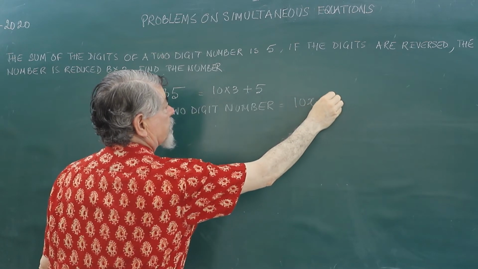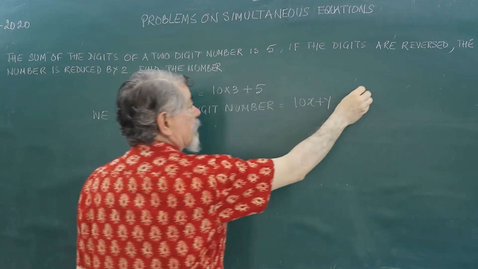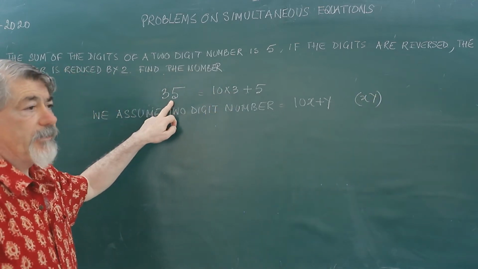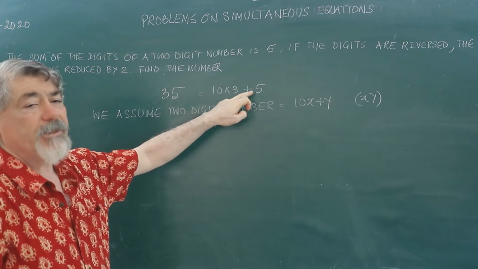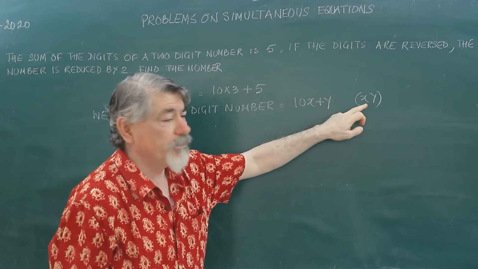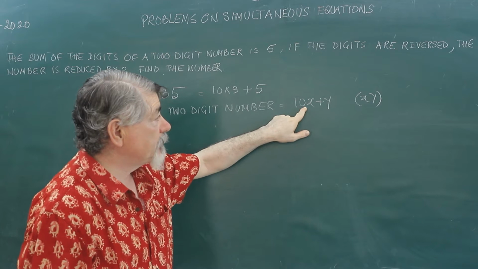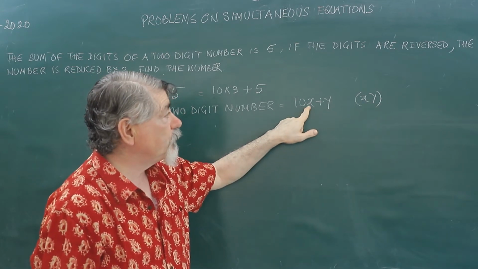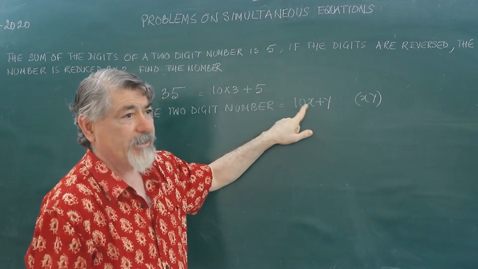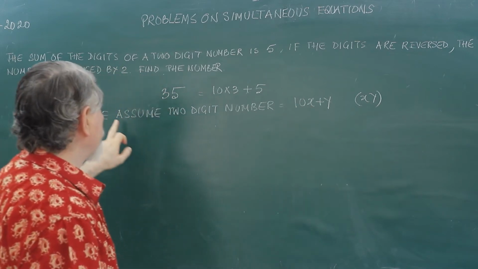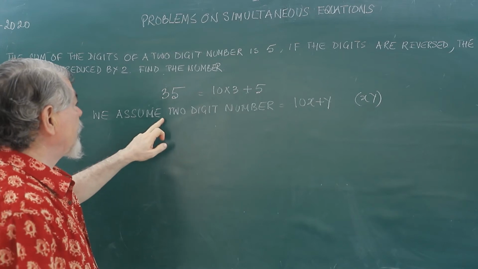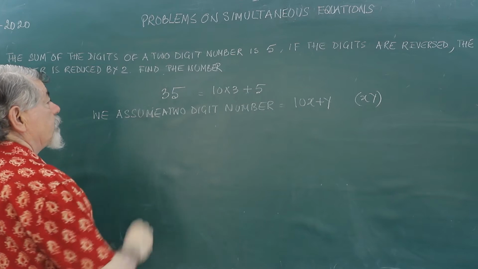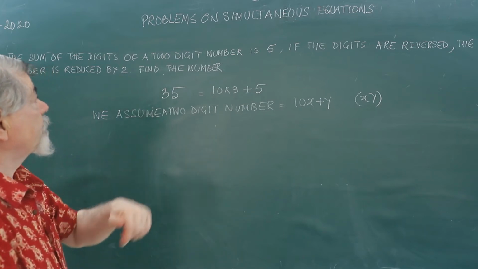Actually we write it in the expanded form. The number is xy, like 35. 35 is written as 10 into 3 plus 5. So a 2-digit number xy is written as 10x plus y. Digits are x and y, but 10 shows the place of x. X is in the tens place. So we assume a 2-digit number 10x plus y.